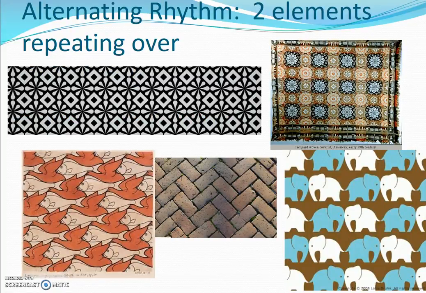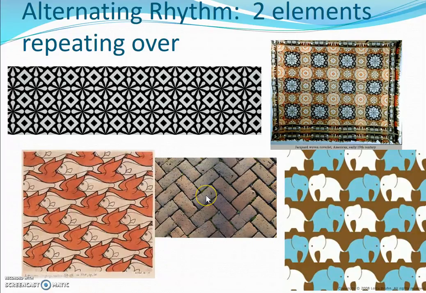Alternating is taking two different elements and alternating back and forth between those. So for example, our motif here is elephants. We're going from blue to white, facing right, facing left. So alternating that, even though it's still the elephant throughout, we're alternating the direction of them and the color.